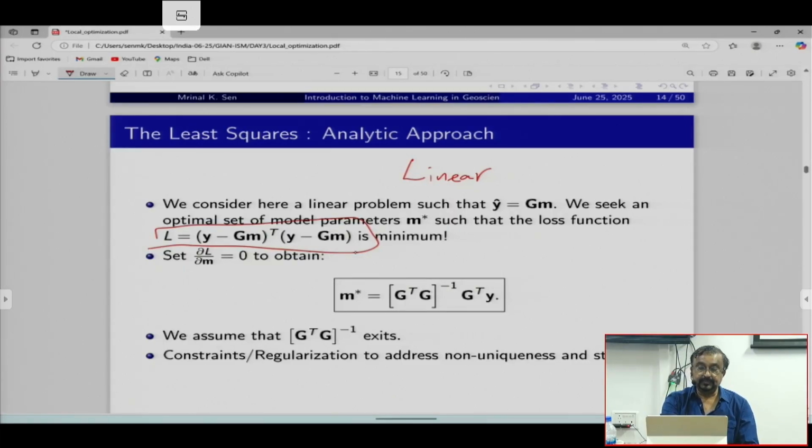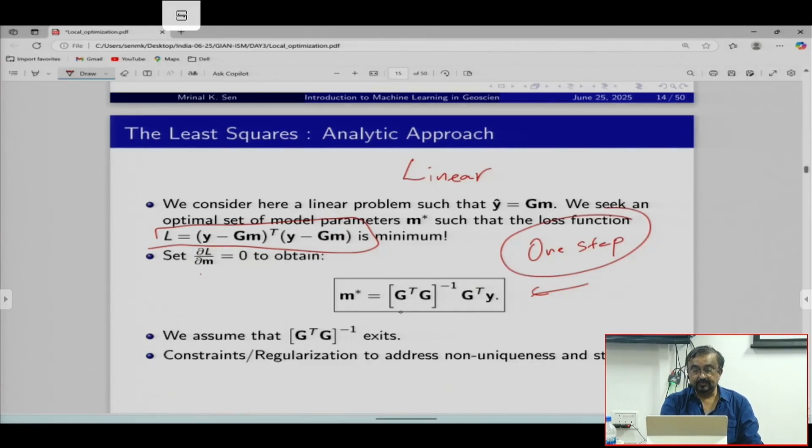Here I didn't put the square root because that doesn't make a big difference in the final equations. So we take L, y minus Gm transpose y minus Gm, and then set 2 del L del m equal to 0, and that gives you this G transpose G inverse G transpose. We discussed this at great length with an exercise, so you are all familiar with it. So for a linear problem, this is just a one-step procedure, okay?